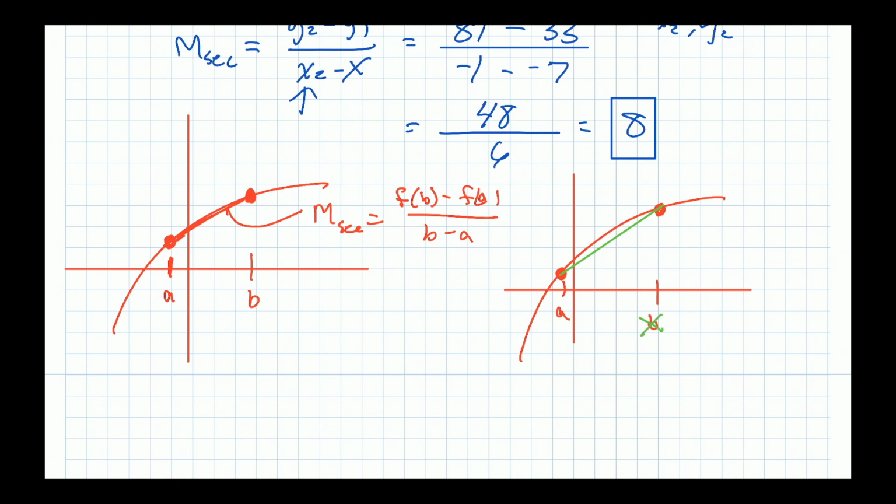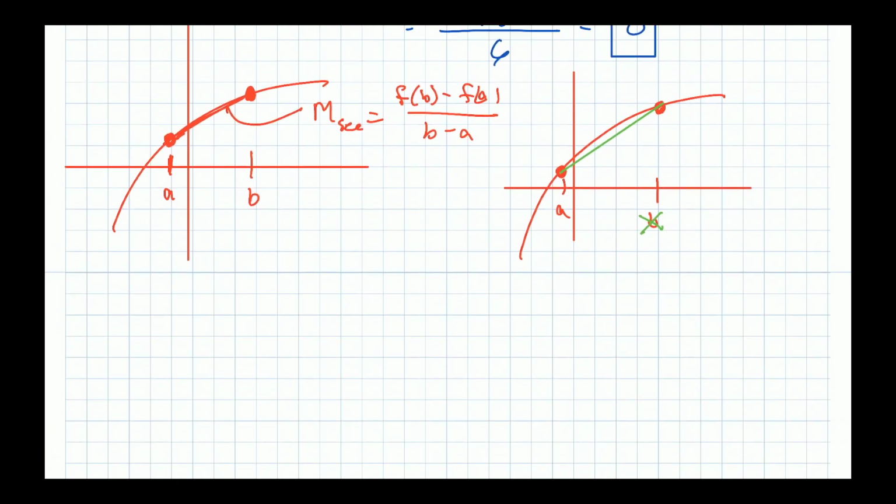Rather than call this B, which I just did, instead we're going to call it A plus H. Because if A is here, and you just say that this distance is H, then you've got A and A plus H for your X values. And if you plug these two things into the formula, then you're going to get this formula.